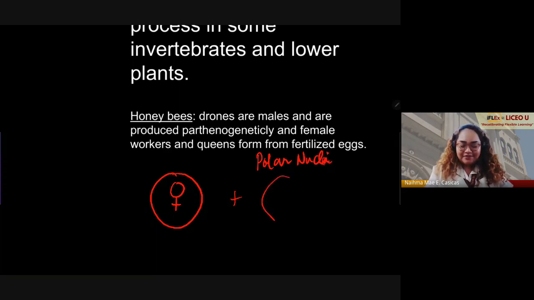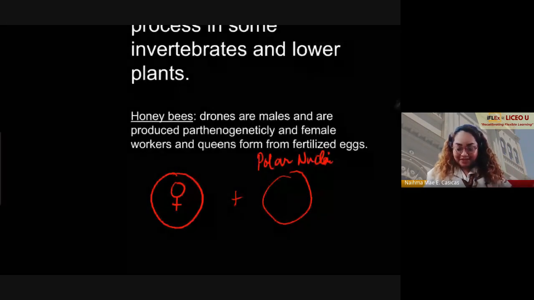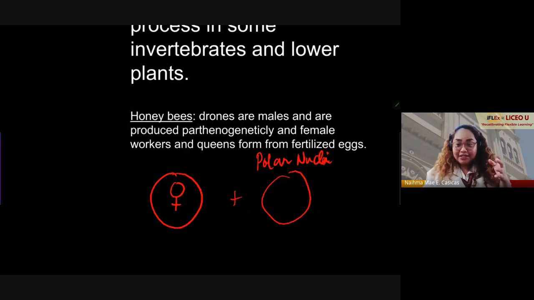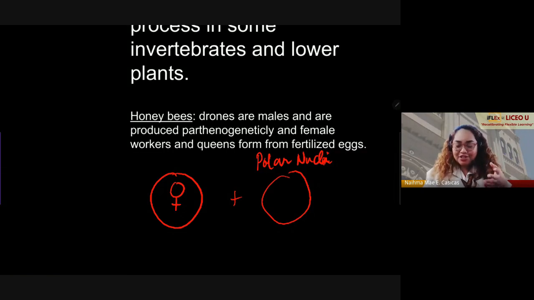Now, this polar nuclei is like the egg cell. However, it doesn't really have a designated sex. But in this case, the body of the Komodo dragon will trick itself into thinking that this polar nucleus is actually male.